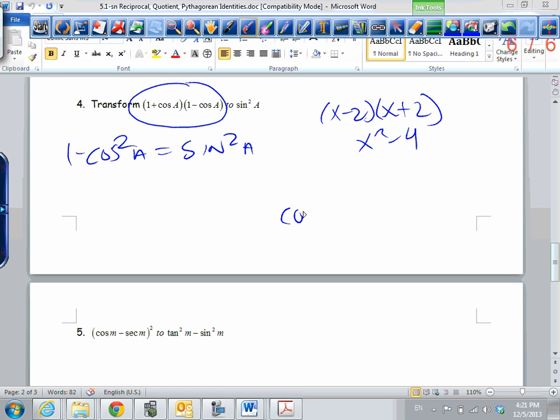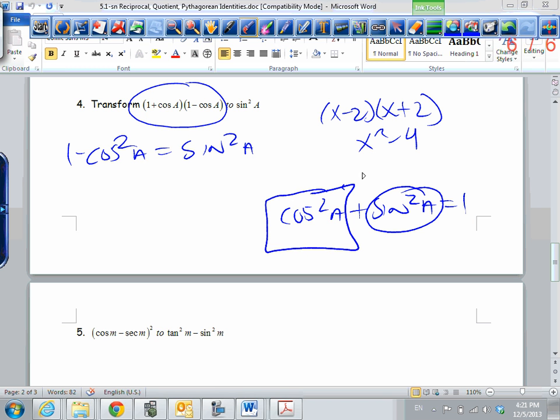So I got cosine squared of a plus sine squared of a is equal to 1. Well, if I subtract cosine squared a, that's what sine squared a is, right? So if I move this guy over here, that's what sine squared a is. So, yeah, pretty easy, I think. Done.